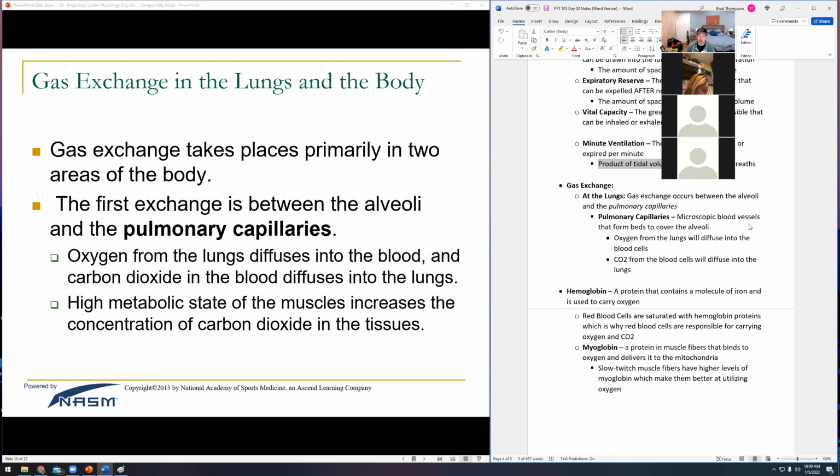Now, if I were sprinting right now as hard as I can, going as hard as possible, I would be driving in 100% of the oxygen. All the oxygen molecules that go in, they all go into my blood. None of it doesn't get used, because my cells are hungry for as much oxygen as possible.